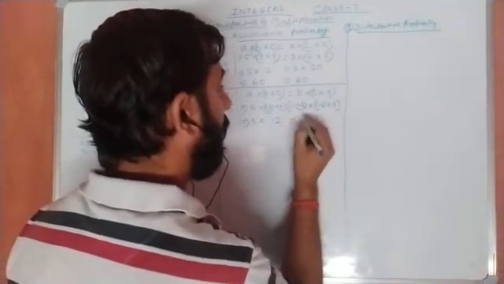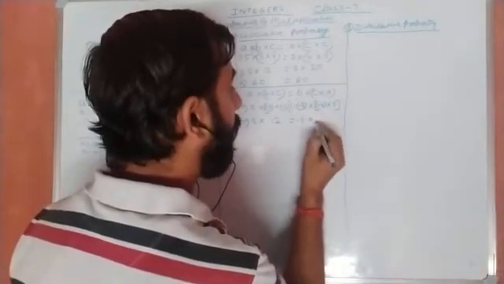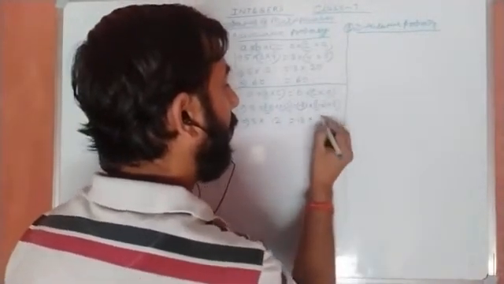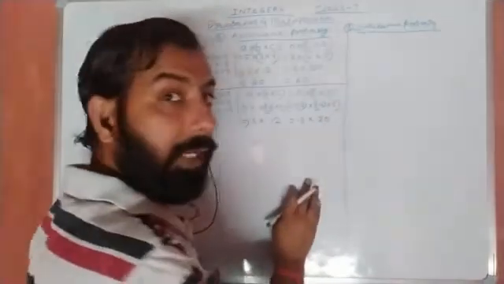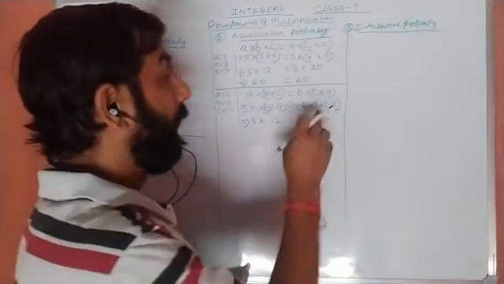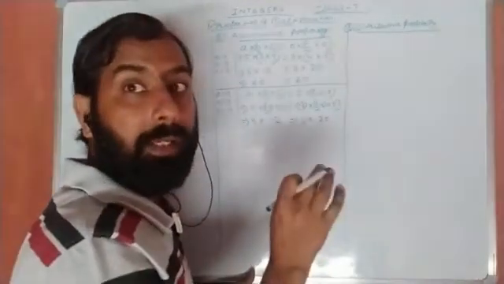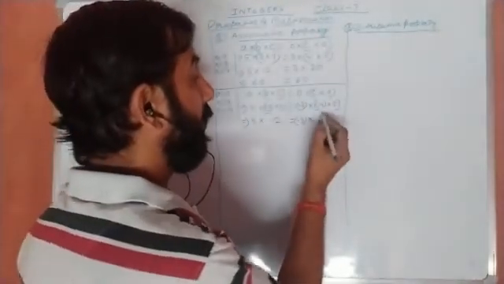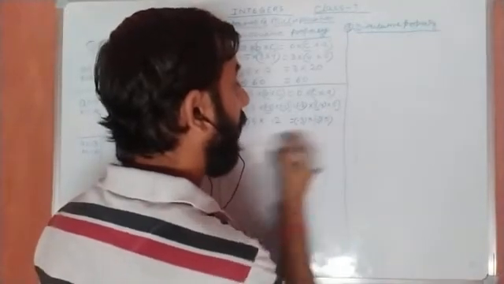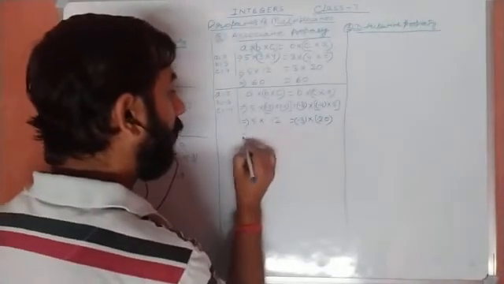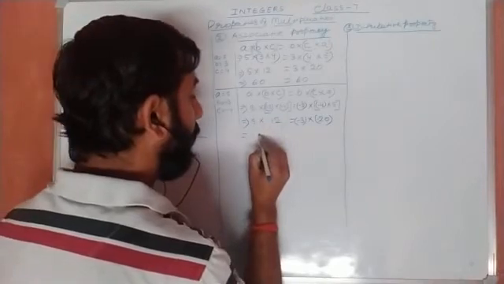Now here minus 3 into 4 5s are 20. Which sign will we put over here? We will put minus, because minus plus minus will be minus 20. Now 12 5s are 60.